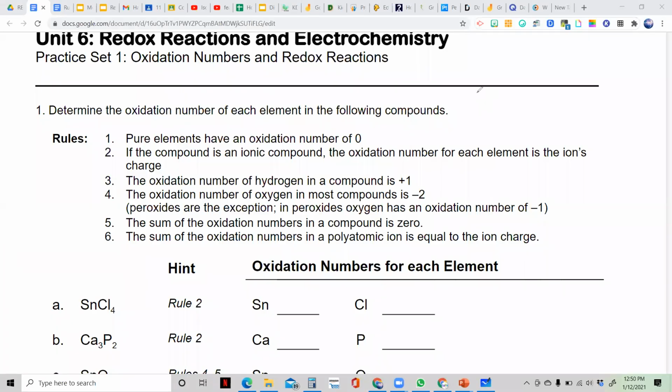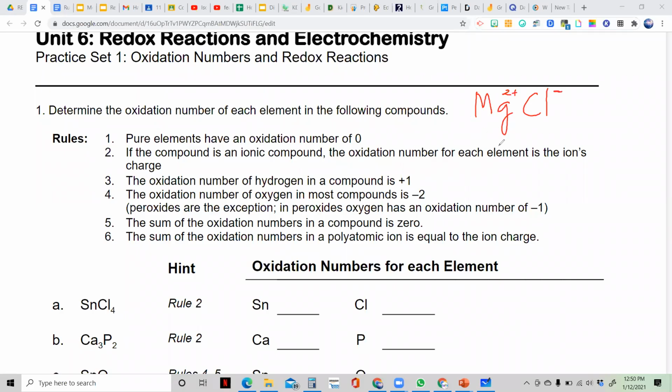We looked yesterday at magnesium chloride. When we looked at the charges, we noticed that magnesium had a 2+, chlorine had a single minus charge. So what they're saying is that for my ionic compound magnesium chloride, the oxidation numbers for each element would be equivalent to the charge.